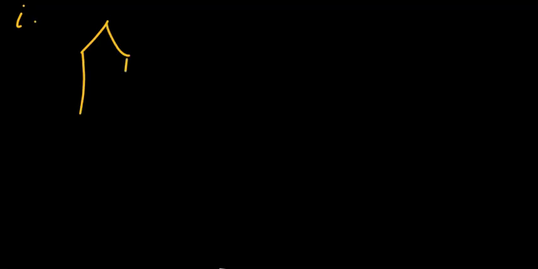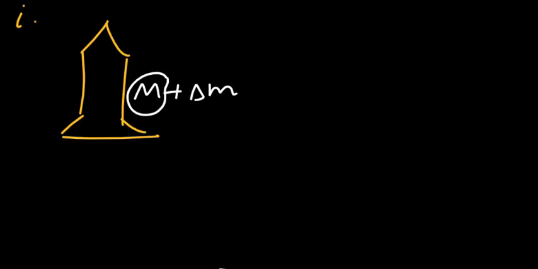Let's look at the initial state of a rocket. This particular rocket is being launched vertically. It has a mass of capital M plus delta little m. This is the mass of the rocket itself, and this is the mass of the fuel the rocket is carrying. At that point in time, the velocity of the system is v, and it's moving upward.